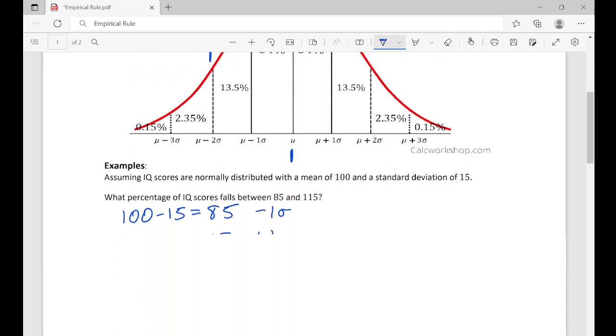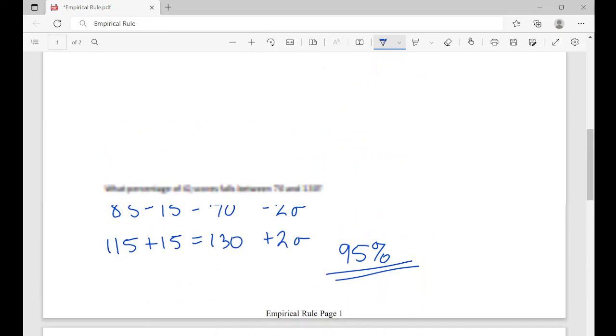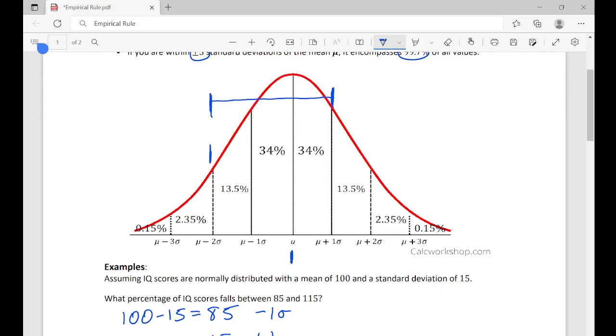So when you add those 3 up, you're going to end up getting 81.5% of all values. So if it's not nice and symmetric, not a problem. Just use your chart and just see how far down you go and how far up you go, and then add all the percentages in between to get your result.